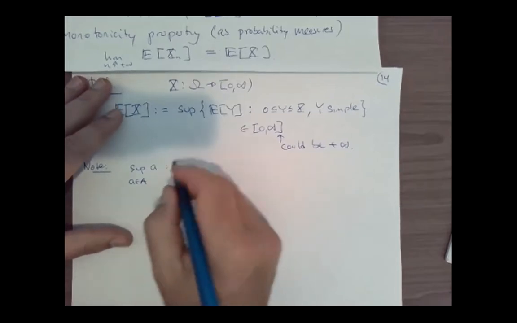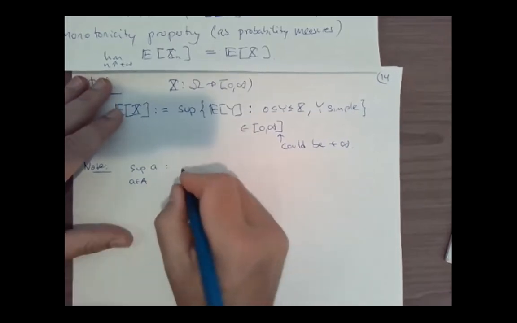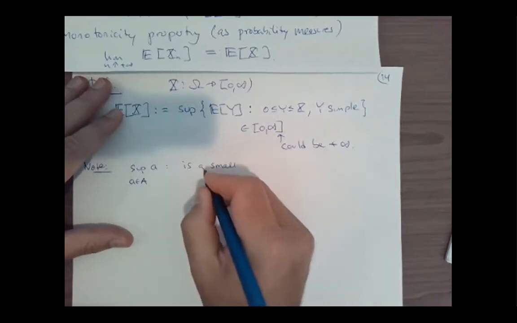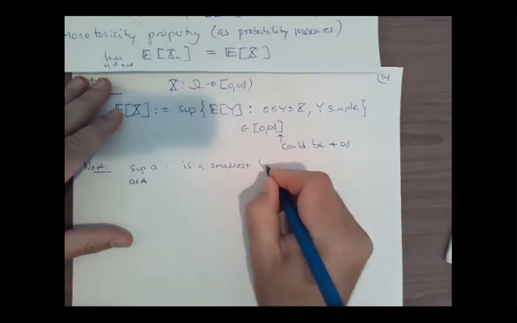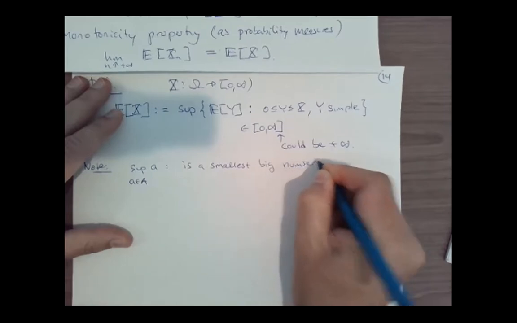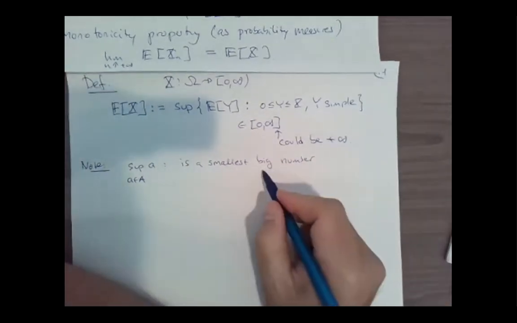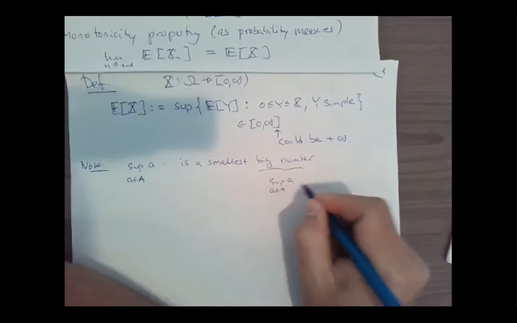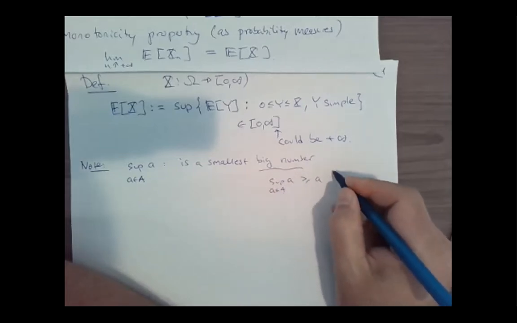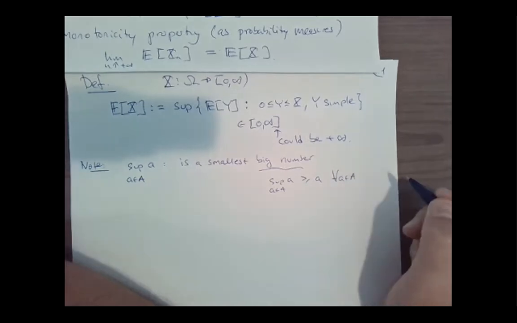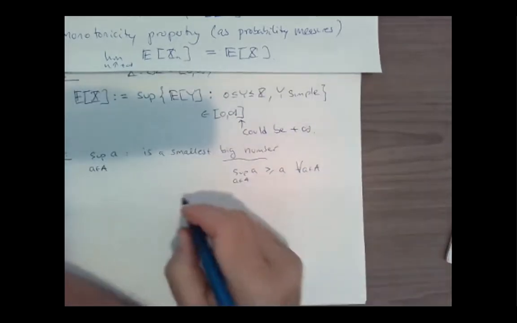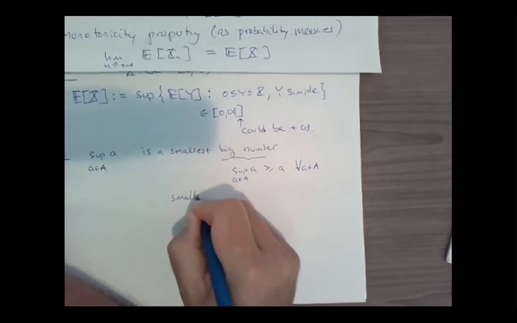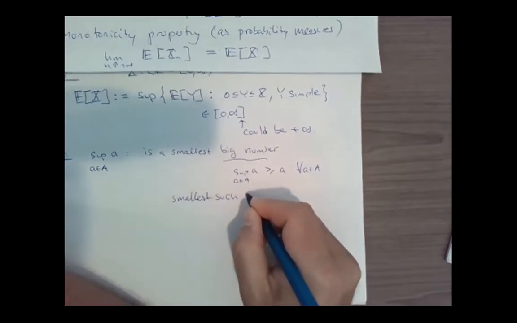It is the smallest big number. So what does it mean to be a big number? It means that the supremum of A is bigger than a for any a in A. And it's the smallest such big number.